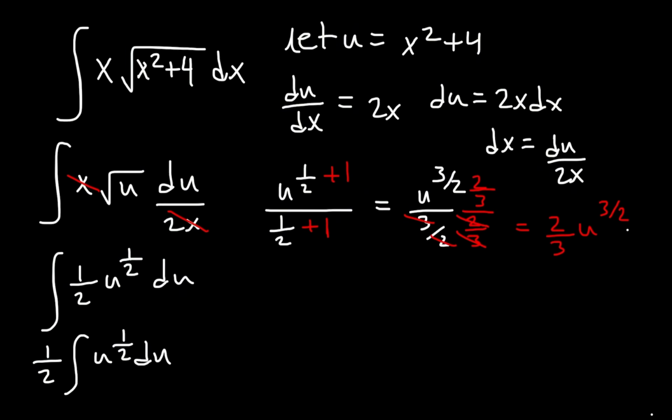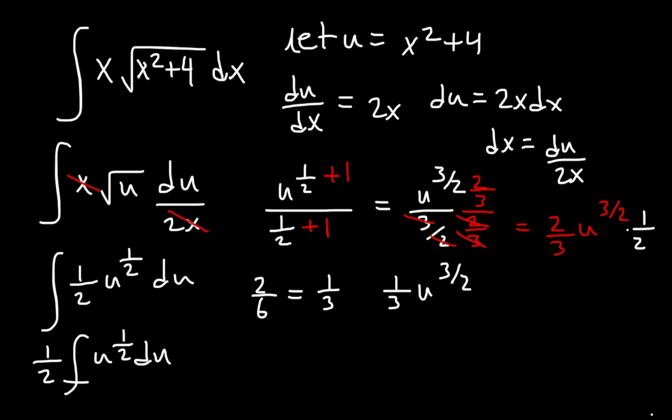And don't forget to multiply by 1/2 because we had it right here. So now we have 2/3 times 1/2. That's going to be 2/6, and that simplifies to 1/3. So we have 1/3 times u raised to the power of 3/2.